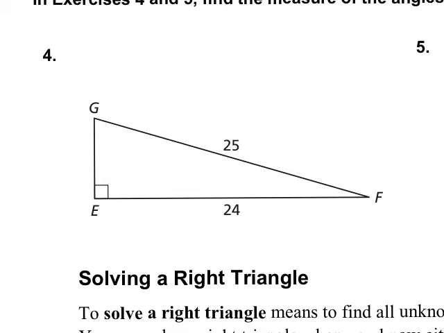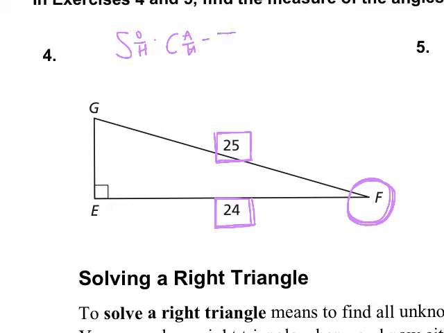If we want to find the measure of angle F, we have a few options here. We notice that we have an adjacent leg and a hypotenuse. If we go back to our good friend SOHCAHTOA, we have an adjacent and a hypotenuse, so we need a cosine here.